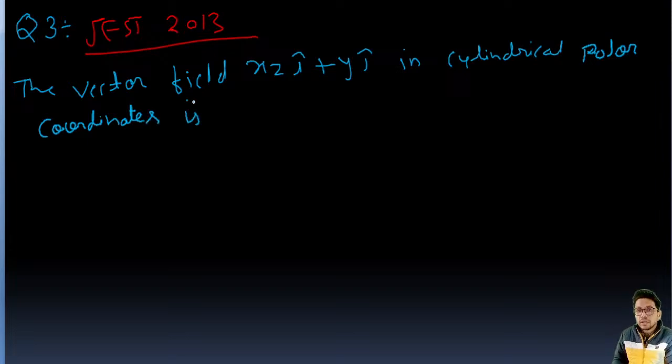So we have been given a vector field in Cartesian coordinates and we need to convert it into cylindrical coordinates. That is the question, asked in JEST 2013, and options are given.